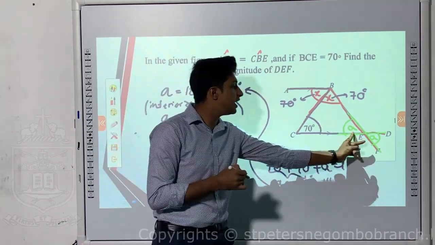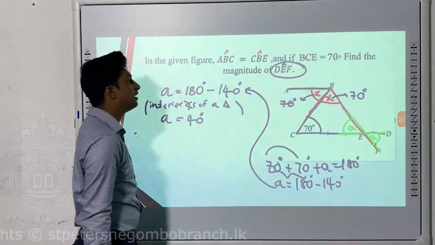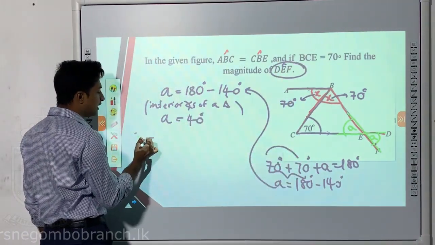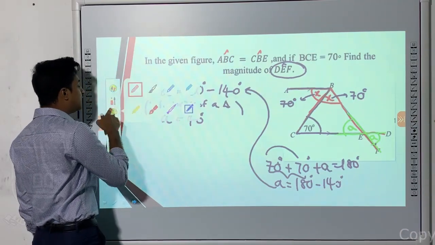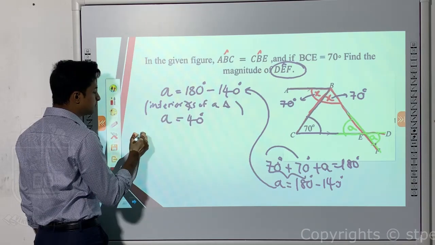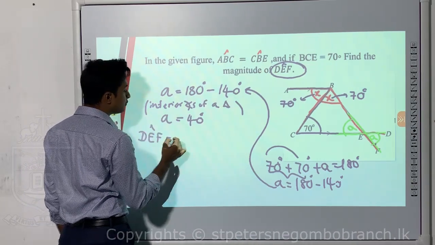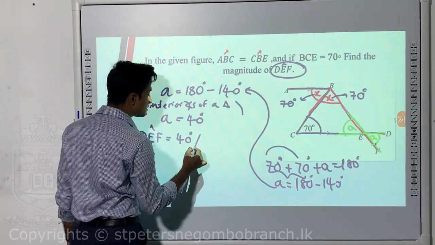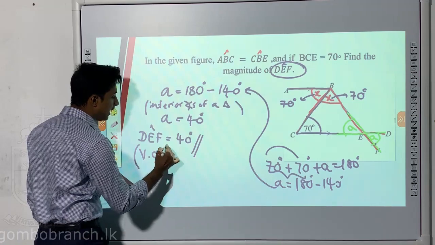So if this is A, this is also A. In the question they are asking you to find the value of DEF angle. Therefore DEF angle is equal to 40 degrees. You have to write vertically opposite angles.